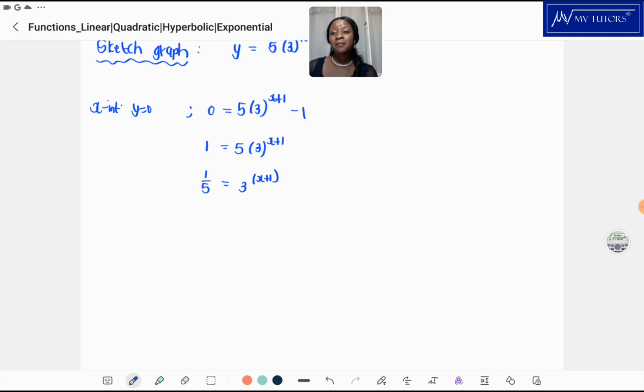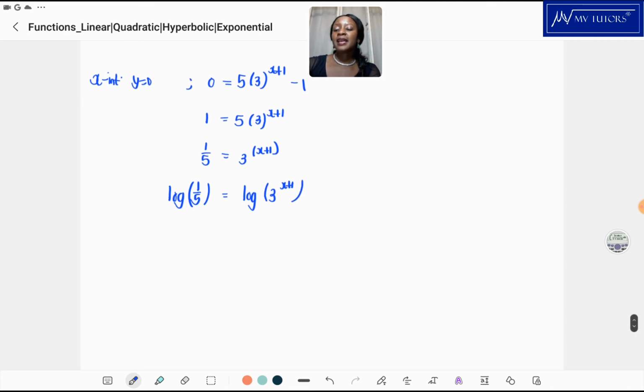If we had the same base, then sure, we could just make the exponents equal, but we don't have the same base. So in this case, I'm going to be forced to use logs. So I'm going to do it the long way. If I'm going to use logs, basically, I'll have log 1 over 5 is equal to log 3 to the power x plus 1.